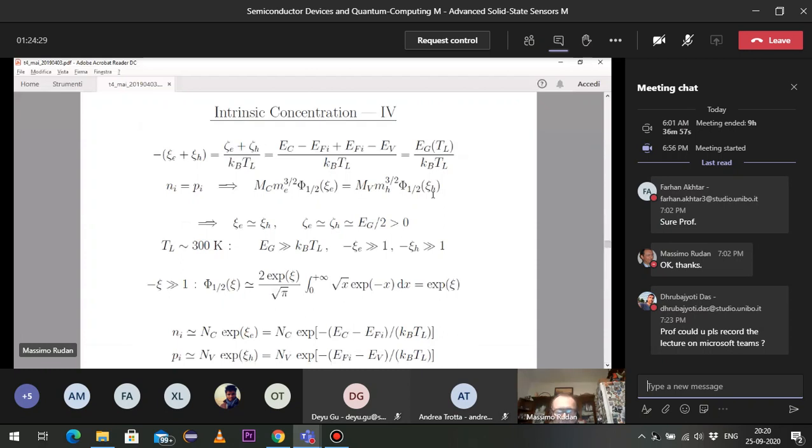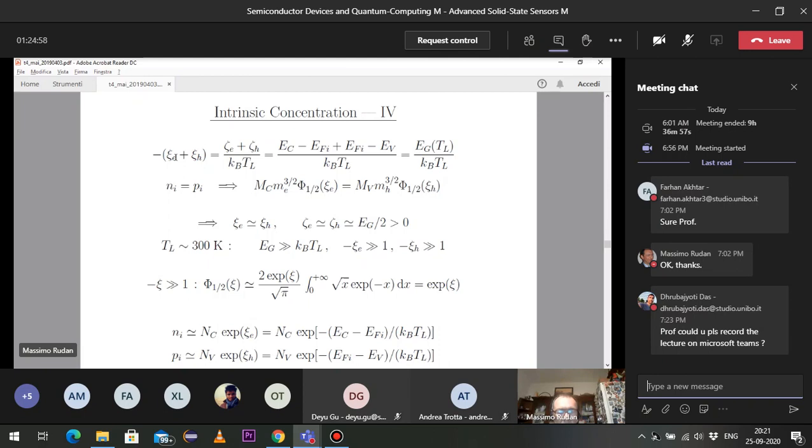There is no other way out if the function is monotonic. If the function is non-monotonic, think of a parabola, you may have the same value of the function for two different values of the argument, but in this case, the function is monotonic. So in practice, the estimate demonstrates that psi e is almost equal to psi h, okay?